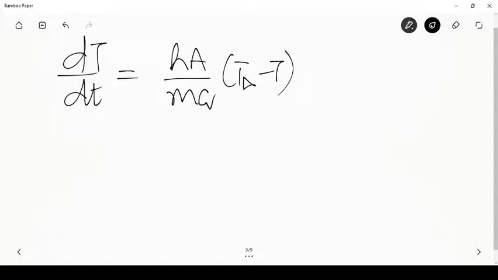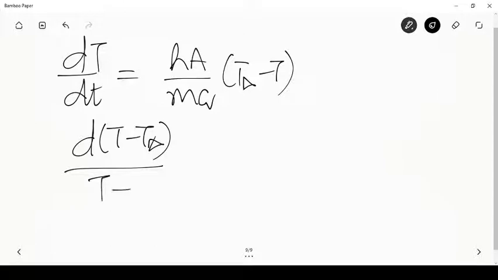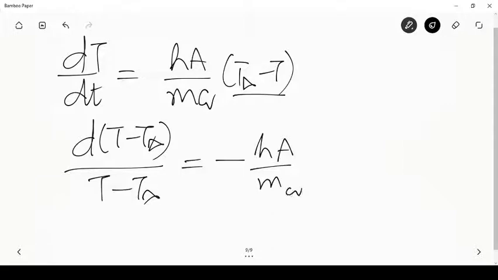So if I take the minus sign out of this and make this T minus T infinity, since T infinity is a constant, it's not going to vary with time, then we can rewrite this equation in this form. We can rewrite d of (T minus T infinity), which is the same as dT, divided by (T minus T infinity), which we have brought to the left hand side, is equal to minus h A_s by m c_v multiplied by dt.